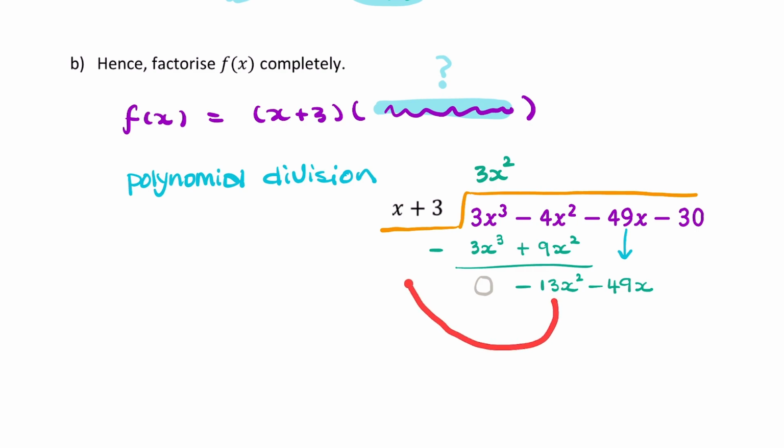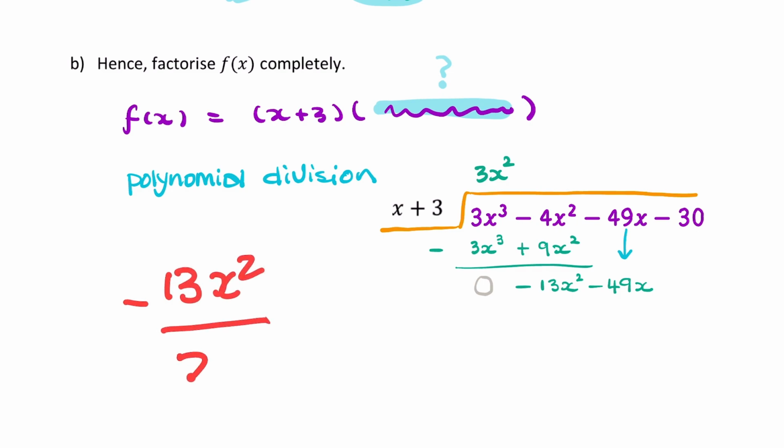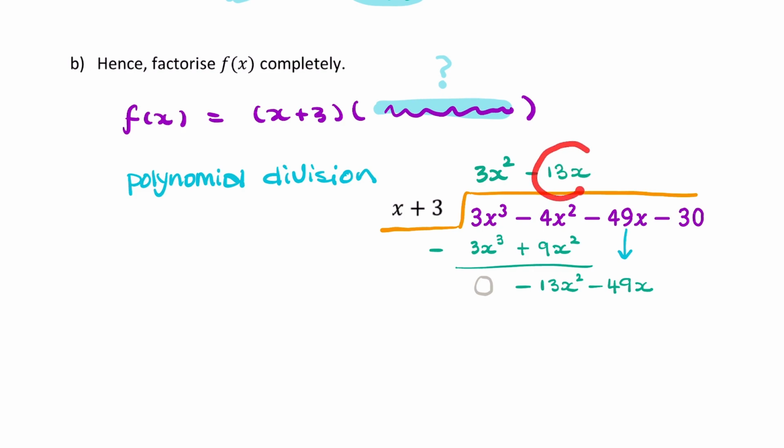Now if you divide negative 13x squared by x, you get negative 13x, and you write that up there. That was your division. Now you multiply, so I multiply negative 13x by both of these. And then, once again, I subtract.